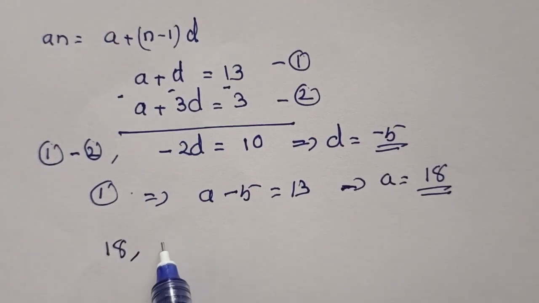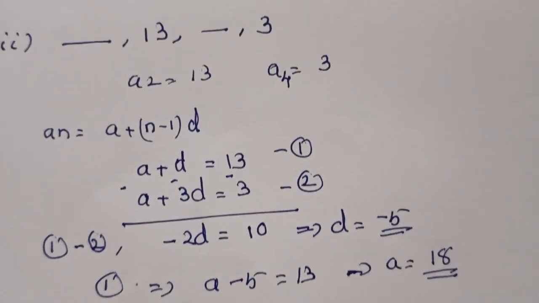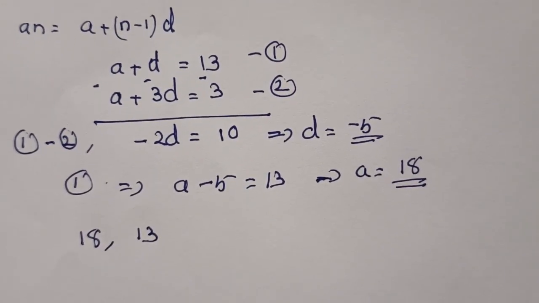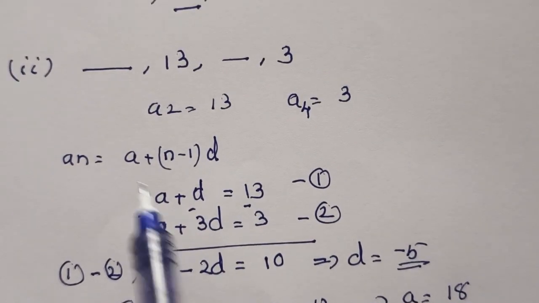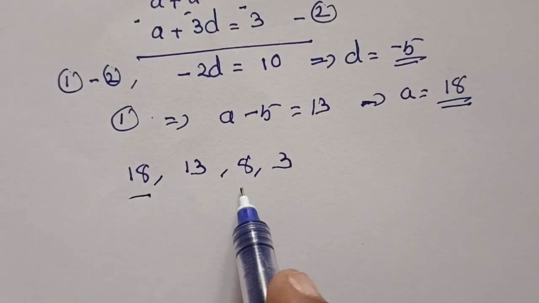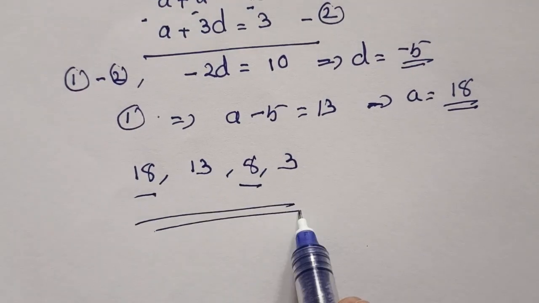Second, 18 minus 5, that is 13. It is already given. 13 is given, isn't it? 13 minus the common difference 5 equals 8. 8 minus 5 equals 3. So the missing terms are the first and the third one. First and third means 18 and 8 are the missing terms.